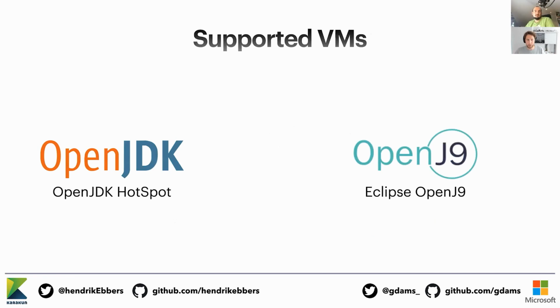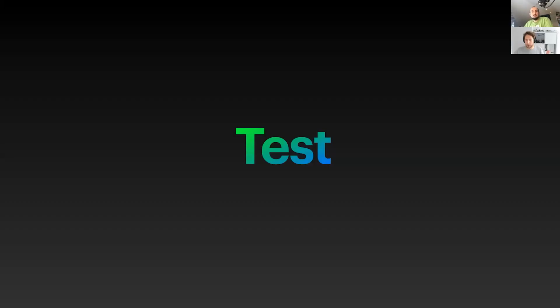We also support two different VMs at the moment. We support HotSpot, which is the OpenJDK build that comes as part of the reference implementation. And we also support Eclipse OpenJ9, which is obviously a familiar project in the Eclipse Foundation. It's the open sourced version of the IBM J9 VM. So you can go and grab either one of those from our webpage. I'm going to hand back to Hendrik now for test.